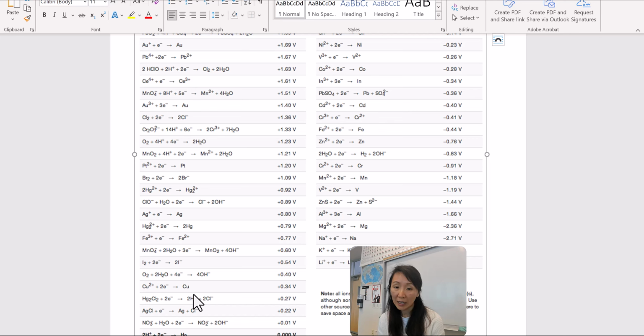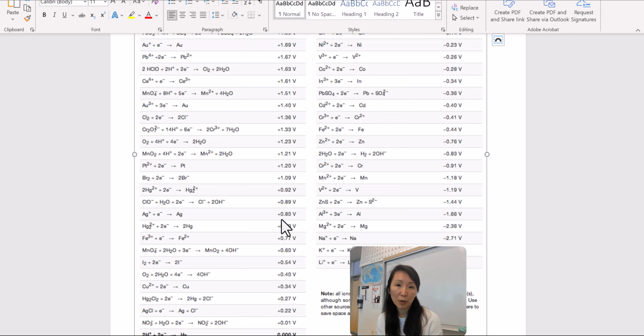The standard potential for this is 0.34 volts. If this were to go in an oxidation process, then it becomes not positive 0.34, but the opposite value, which is negative 0.34. For silver, however, this is showing the reduction process, and in our galvanic cell, this silver is going through a reduction process, and the potential is 0.80 volts.